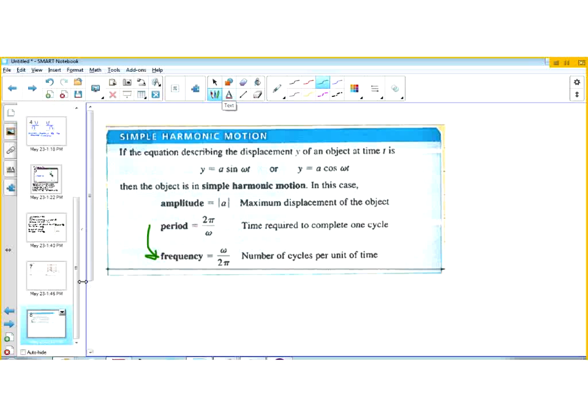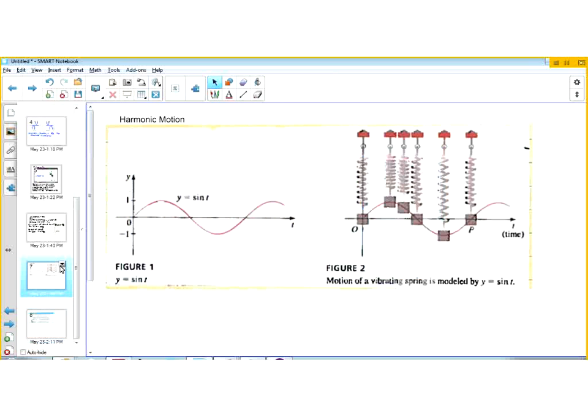And what frequency is, let me show you from the preceding slide. Right here, say it takes maybe 1 second.